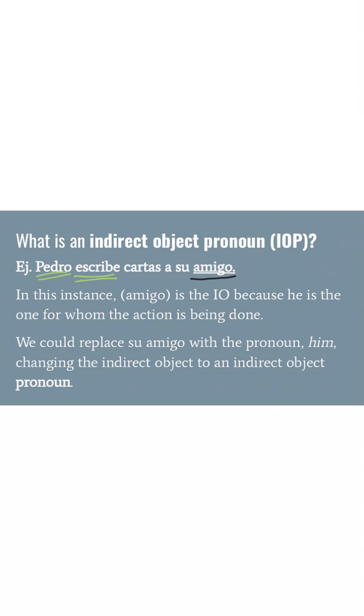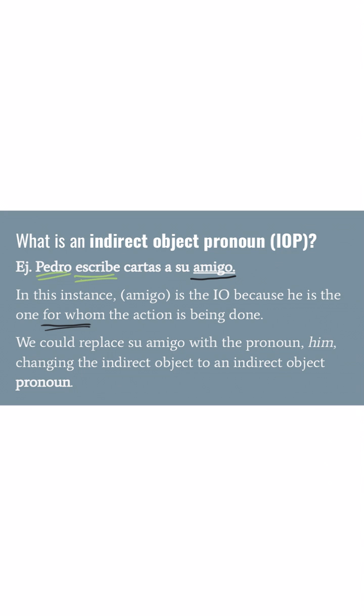So in this instance, it tells us amigo is the indirect object because he is the one, ready, for whom the action is being done. He is who is receiving the letters, right? So here we go. This is where we get into our pronoun positions.